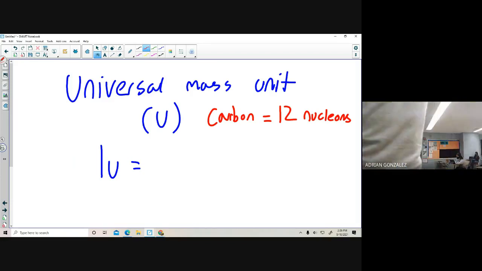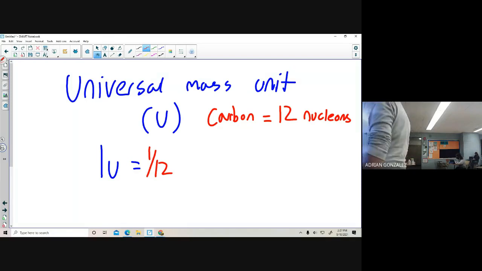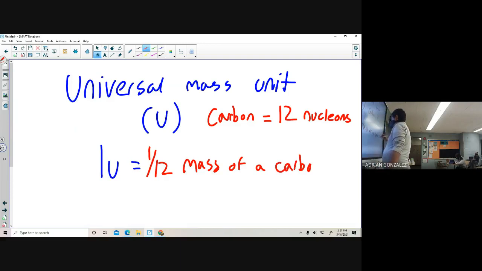So they said 1U is equal to 1/12 the mass of a carbon atom.